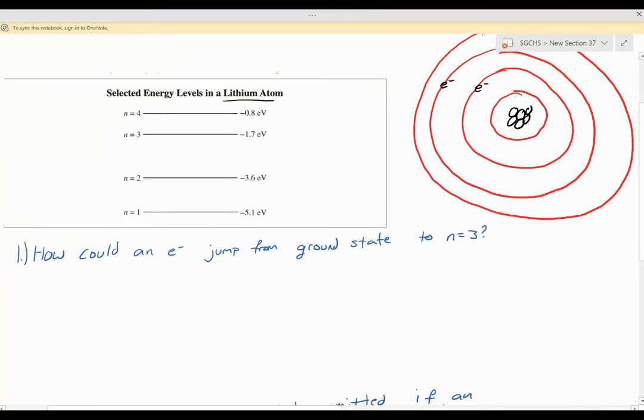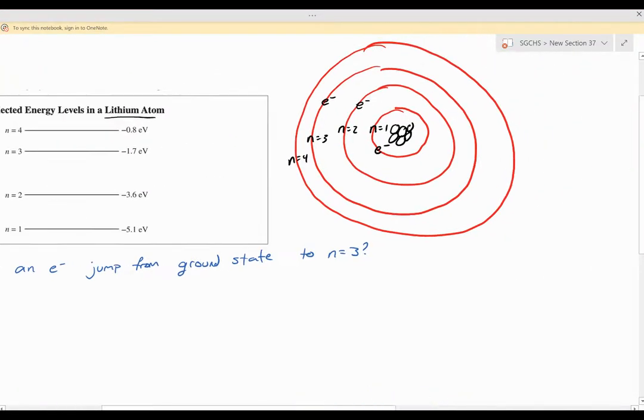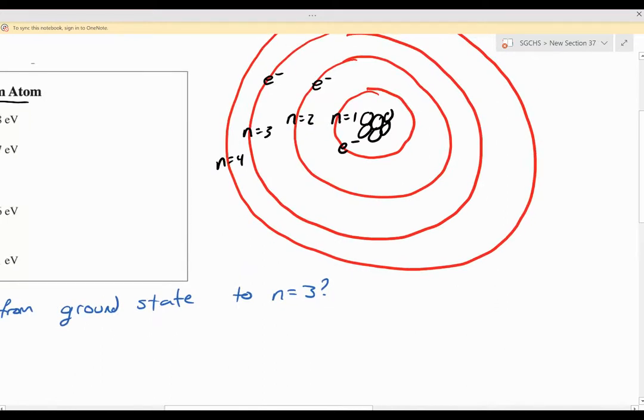So in order for, this is n equaling 1, n equaling 2, n equaling 3, and n equaling 4. Let's say we have an electron on ground state of n equaling 1. Let's say we want it to jump and go to n equaling 3. In order for that to happen, our electron has to gain energy.